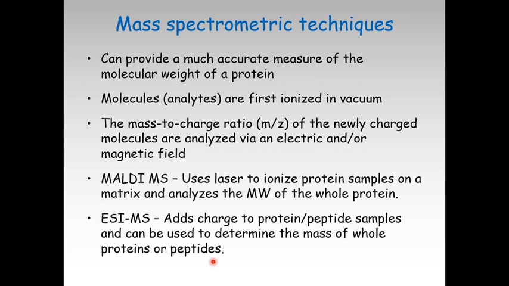Typically, one uses this technique for identifying the sequence of a protein. MALDI is typically used to identify the whole molecular weight of a protein. The way ESI MS is performed is by taking a protein of your choice and digesting it using a protease of your choice, and then determining the masses of the peptides that are being digested.